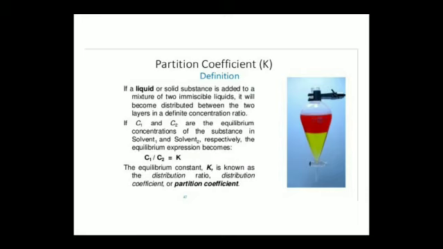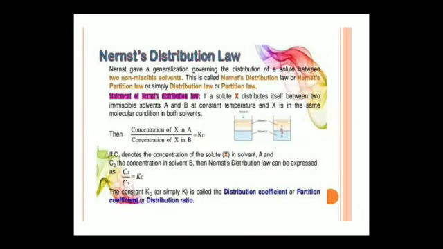The partition coefficient is designated by the symbol Kd or K. So Kd is equal to C1 by C2. It is the ratio of the concentration of solute present in the organic phase to the concentration of the substance present in the aqueous phase.